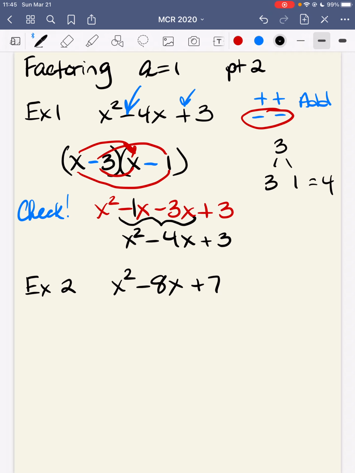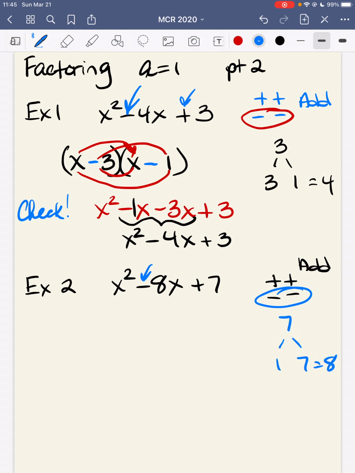All right? Example 2. Again, my last sign tells me that I'm going to either have 2 positives or 2 negatives. And I'm going to be adding to get my middle 2 terms because they're the same. And again, my second term is negative, which means I'm dealing with 2 minuses. Factors of 7, all I have is 1 and 7.